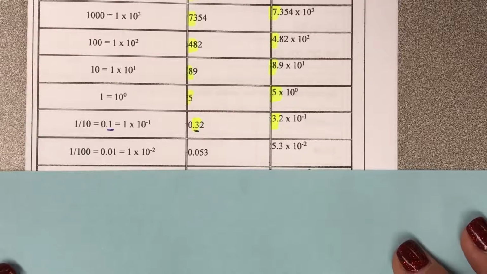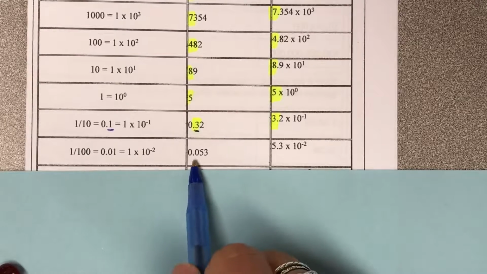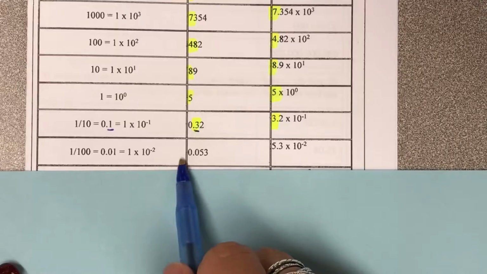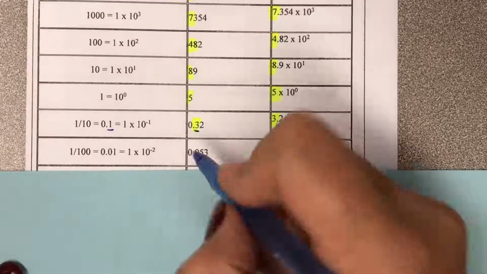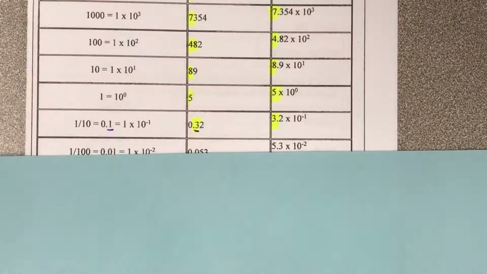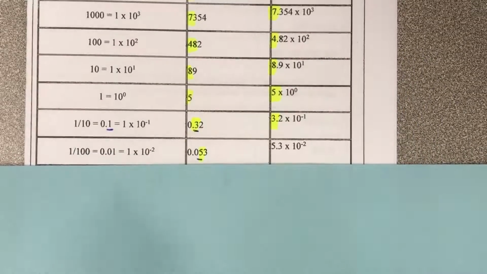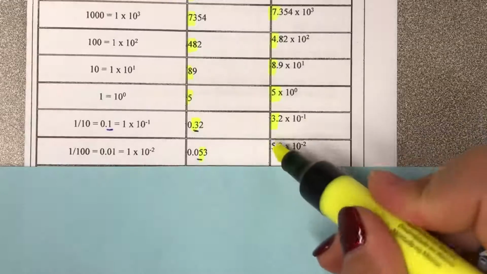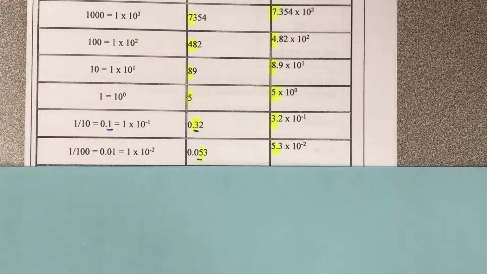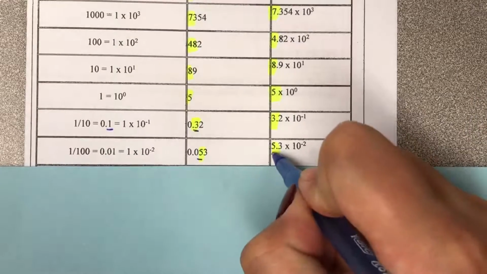Let's look at another example. 0.053. So from left to right, we look for the first significant digit. Zeros are just placeholders. The significance is in the number 5. 5 is in the hundredths place. So that is the first significant digit in the scientific notation, 5.